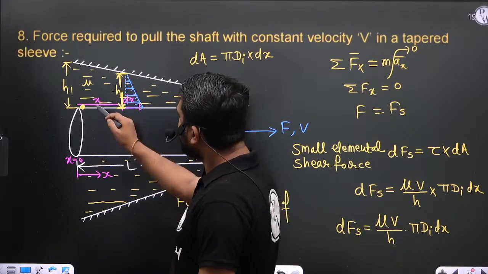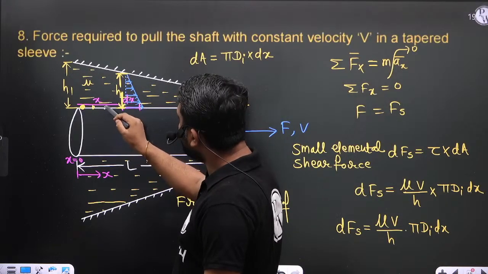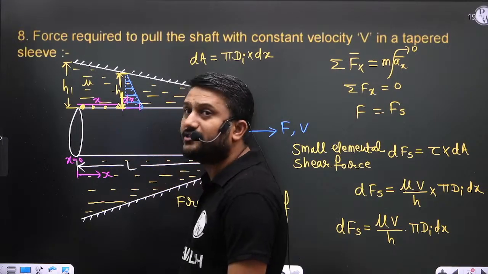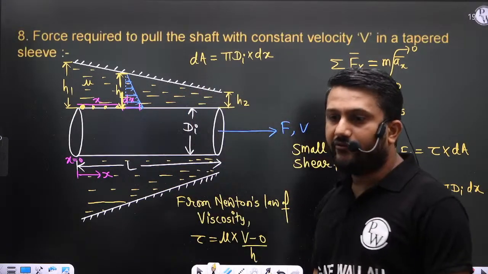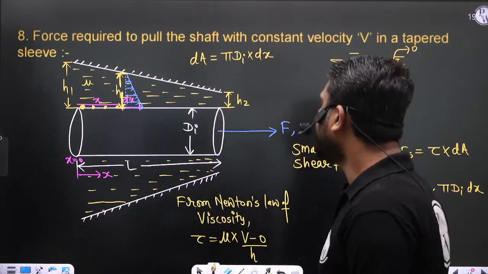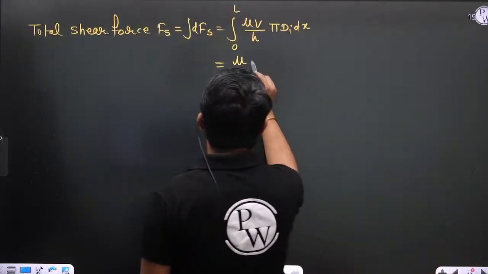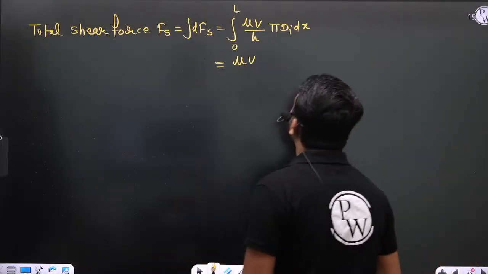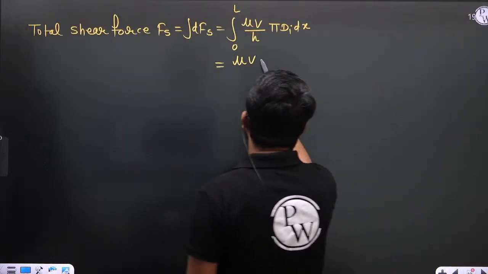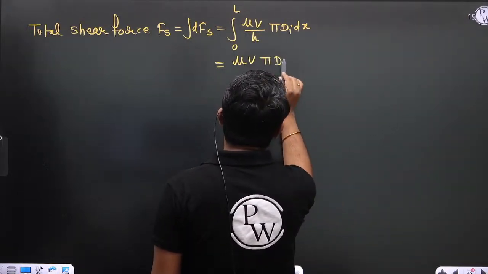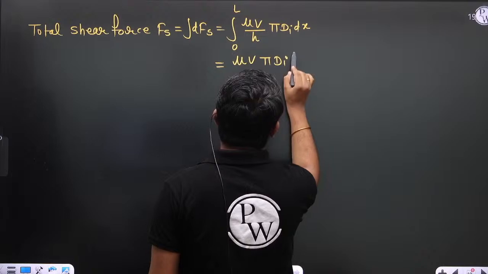That is V, here also V, everywhere V. So V is not a function of x. Pi is constant. d_i is also not a function of x.